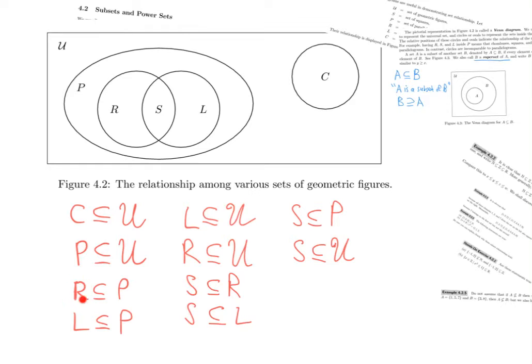Everything in the set of rhombuses belongs in the set of parallelograms. Every rhombus is a parallelogram. We're not saying that the reverse is necessarily true. In this case, it's definitely not true. But that is an example of what these subset statements can be saying.